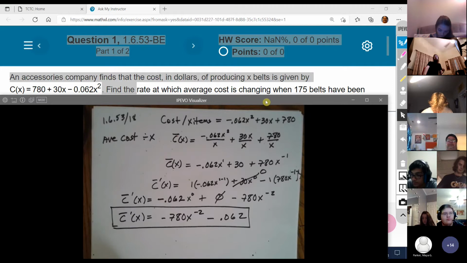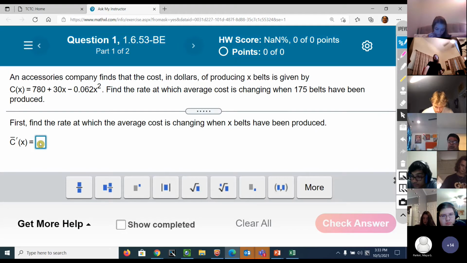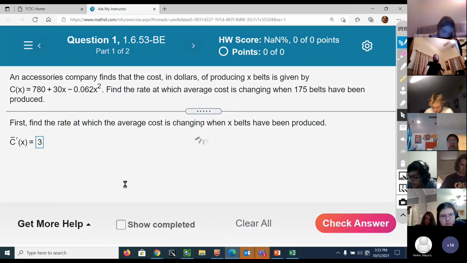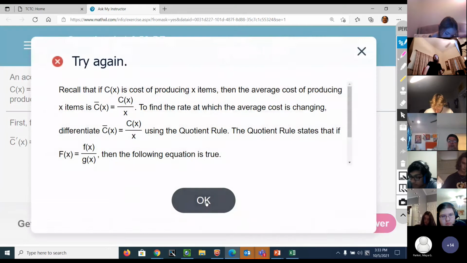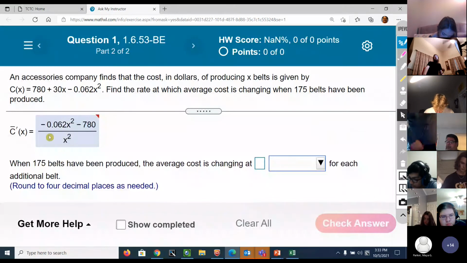Now you have to read these questions carefully because they're going to try to trick you. Okay, c prime of x, and I'm just going to hit 3 because I think they want what I just circled. See there? That's it. Now they got a common denominator, that's what they did the other day.